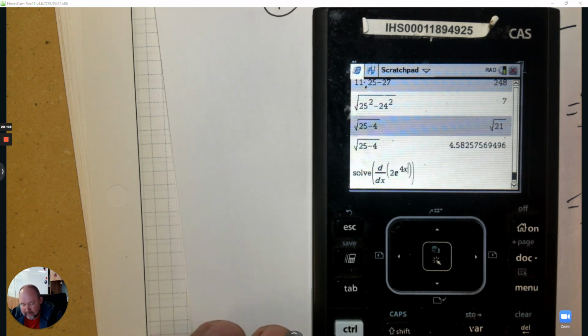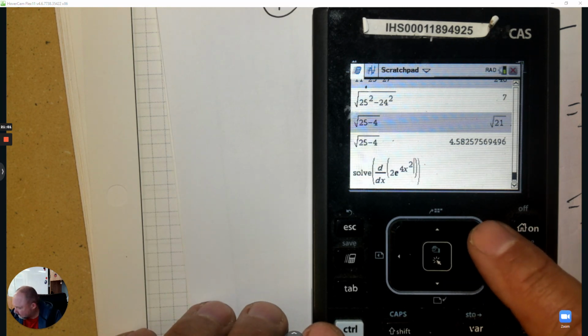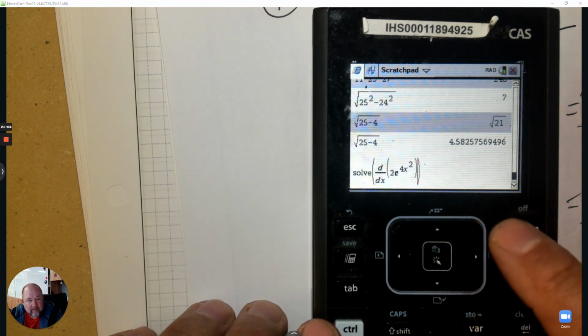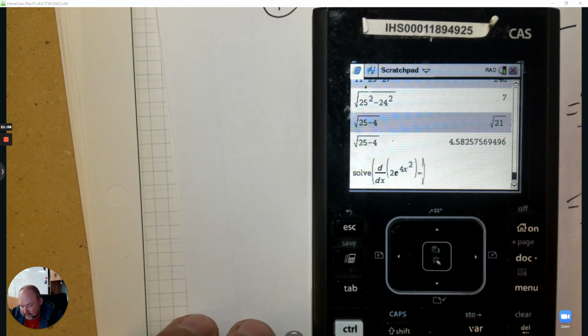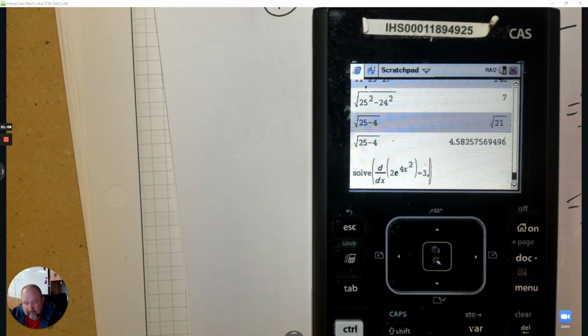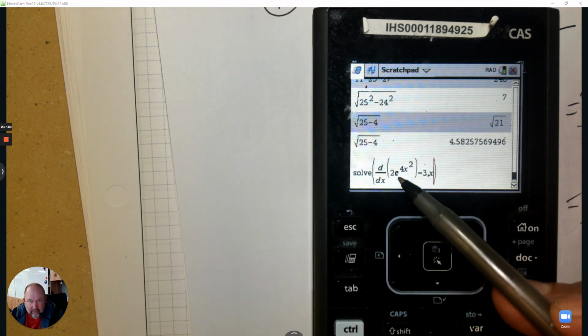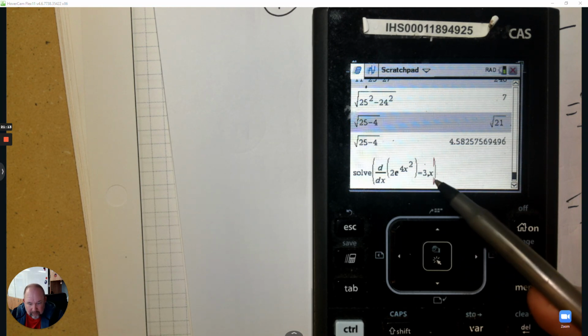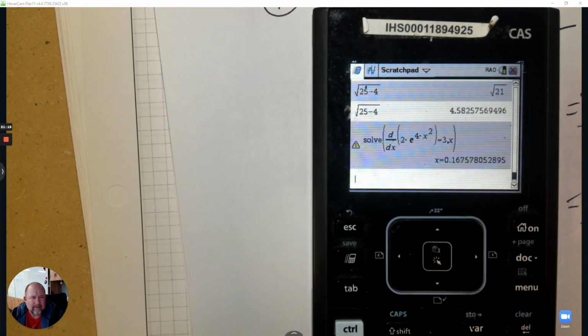Be careful how you type. Equal to 3, comma x. So I'm taking the derivative and seeing where the derivative equals 3 and solving. Control enter. I get 0.167.